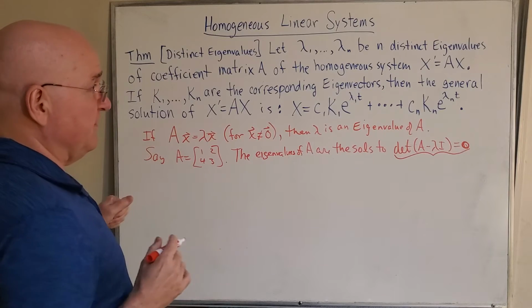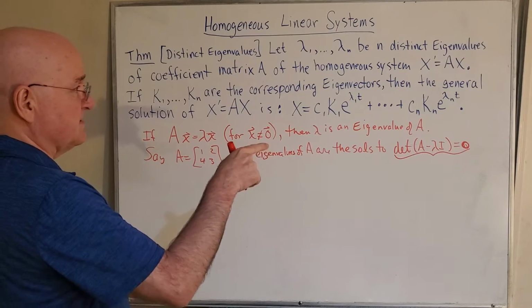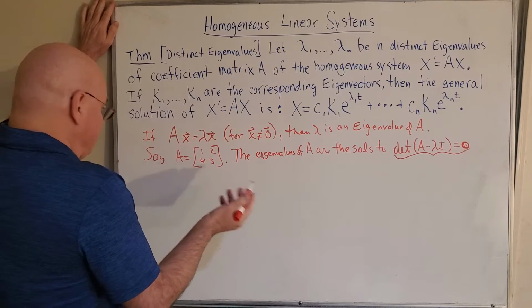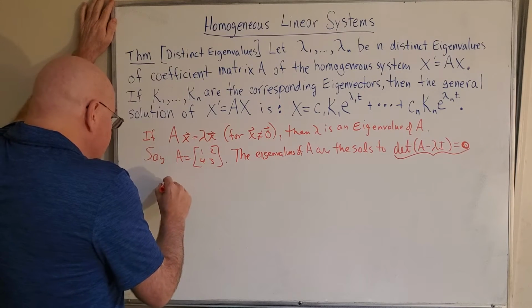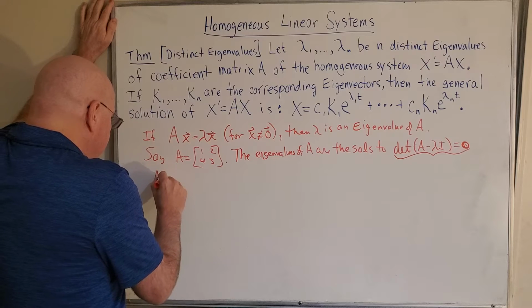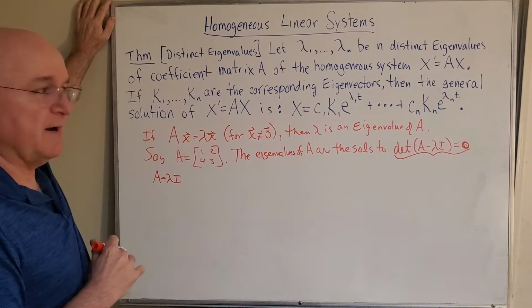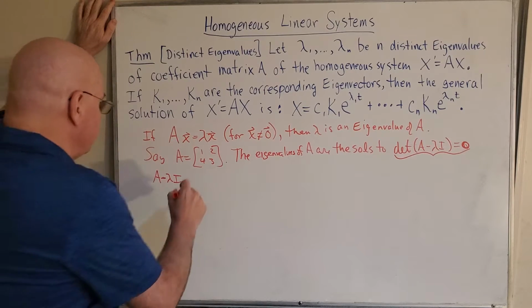So let's do that. Let's solve that to find the eigenvalues. All right. First, note that A minus lambda I, I'm running out of room, I start writing smaller, is equal to what?